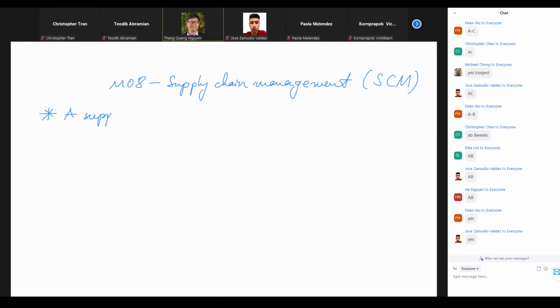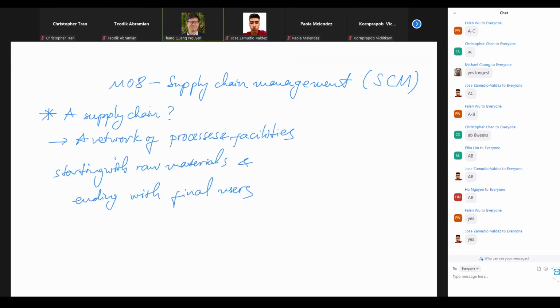So we have the supply chain as a pipe like this, right, where things will flow through. So in our supply chain, we will have processes and facilities.